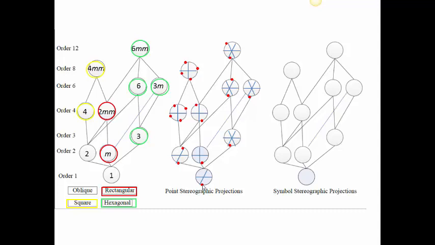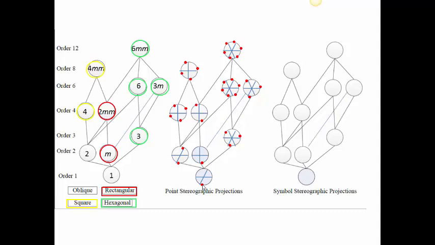Now we can go to the hexagonals and put in the 3-folds and the 6-folds. So now we have all of the positive operations. All of those operations, the matrices represented by them, have a determinant of +1.